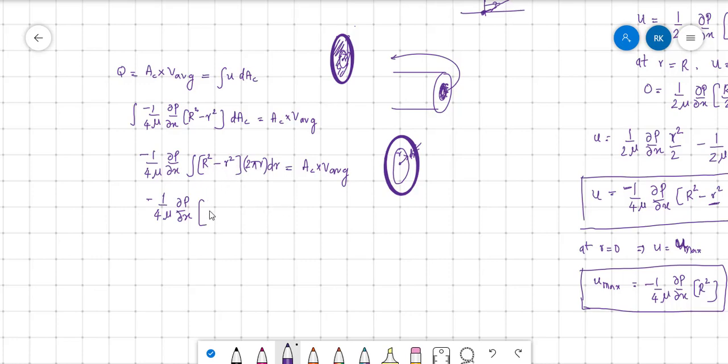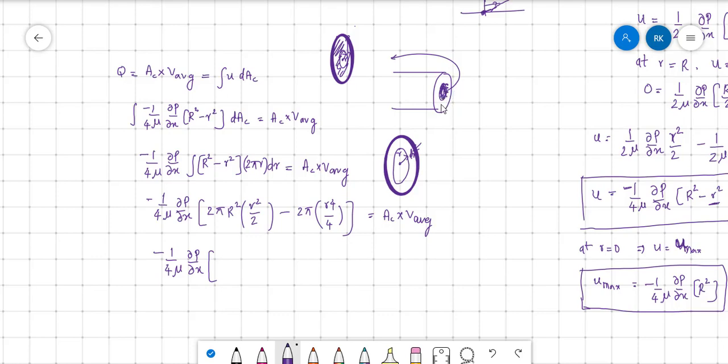So taking 2 pi, r square times r dr gives us r cube, so r to the power 4 by 4, minus 2 pi into r cube dr, is equal to Ac into V average, minus 1 by 4 mu dou P by dou X. From where to where we need to integrate?